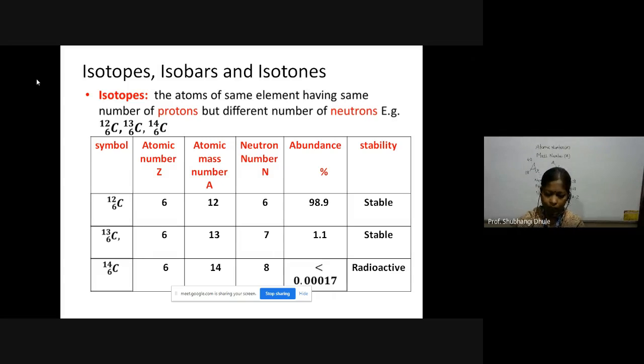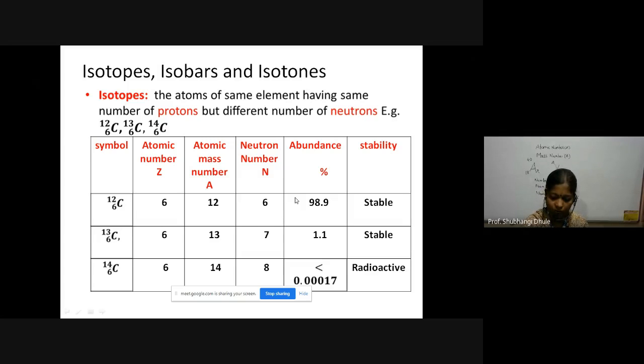In this table, first is the symbol representing each isotope: carbon 12, carbon 13, and carbon 14. The atomic number for carbon 12 is 6, the atomic mass number is 12, hence the number of neutrons is 12 minus 6, that is 6.